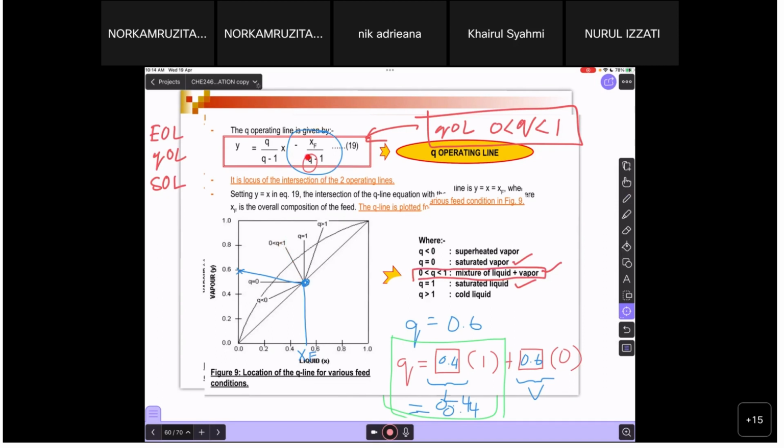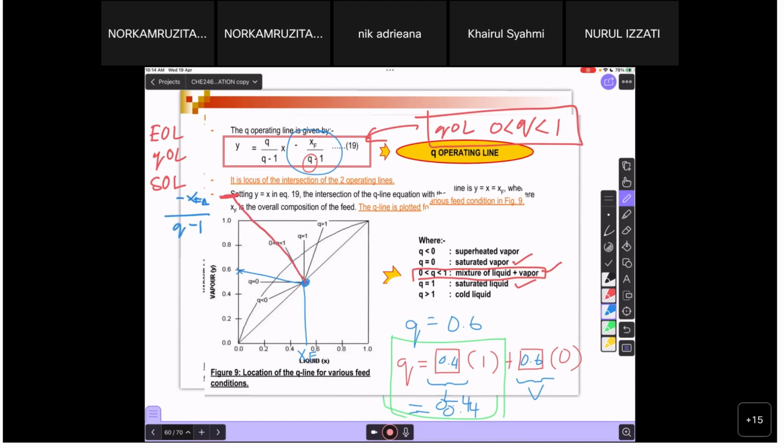How to get the y-intercept? You just need to know this equation, and let's say the y-intercept is here. So this is the y-intercept, which is actually equal to negative XFA over Q minus 1.